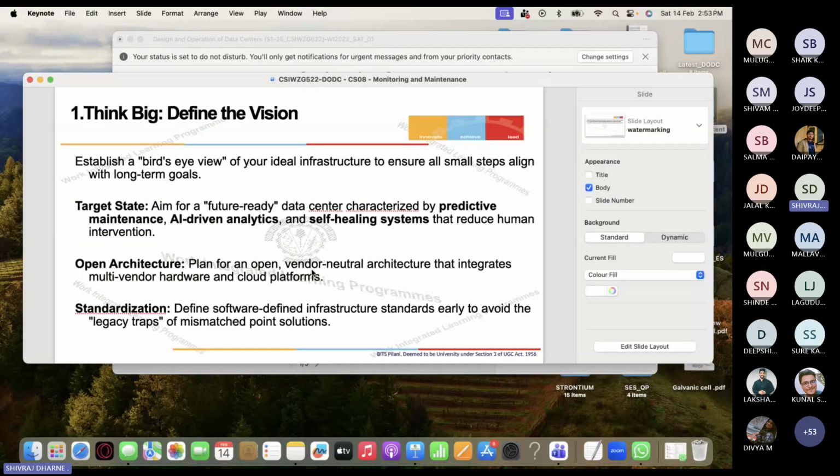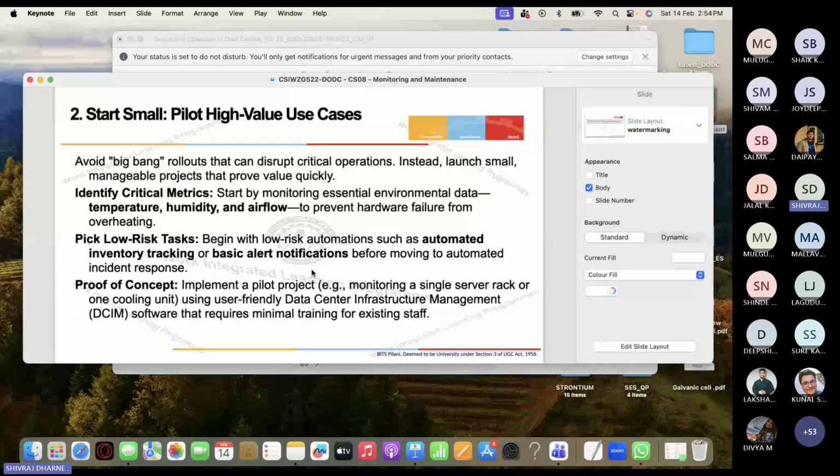You have to define the software defined infrastructure standards early to avoid the legacy traps of mismatched point solutions. So when you say think big, you need to talk about what is the target state, what is my goal, what is my strategy to use open architecture and standardized software and standardized most of the components within the data center.